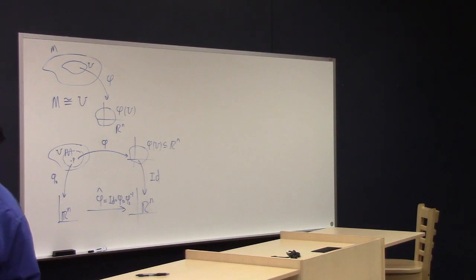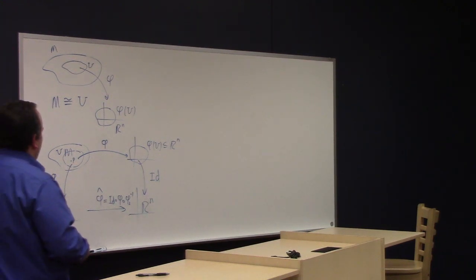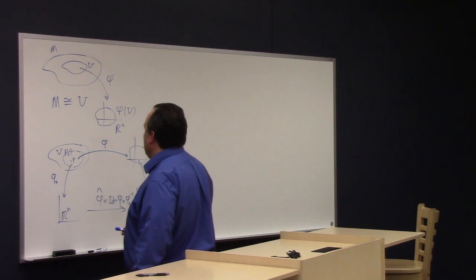I'm sorry, guys. What's up? Every open subset of Rn? I think it has to be connected. You said here M is diffeomorphic to U. I do think that's true, but I don't think I've proved it here.